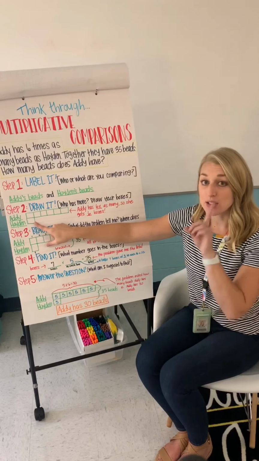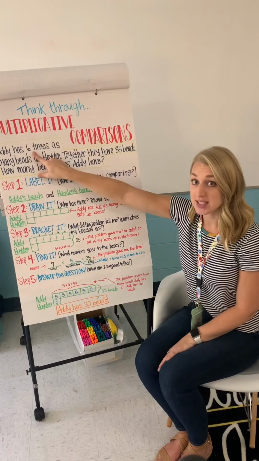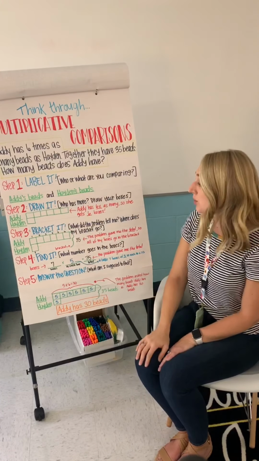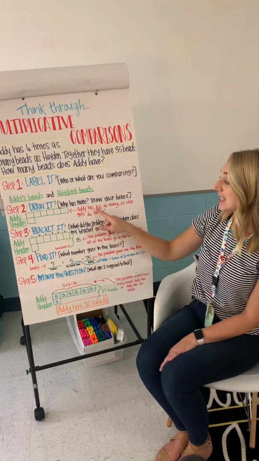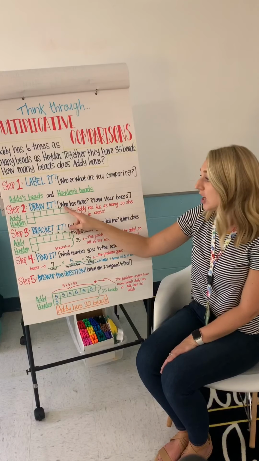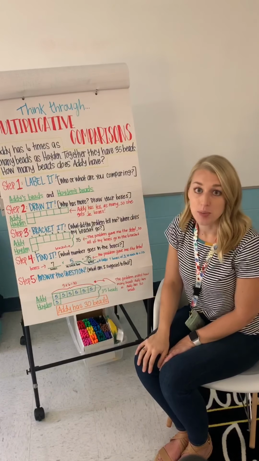Whatever number is here for 6 times as many is going to be how many boxes you draw. So when we think about who has more, we know Addie has more and we drew those boxes.